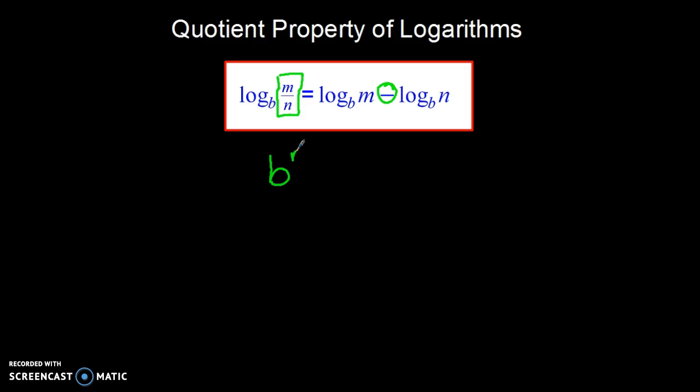When you have something like b to the m over b to the n, when you're dividing things with exponents, it's the same as subtracting the exponents. So just to read what the property says, if you have log base b of m divided by n, that's the same as log base b of m minus log base b of n.